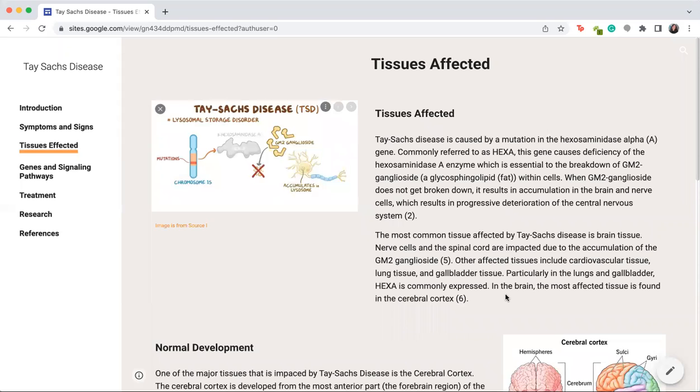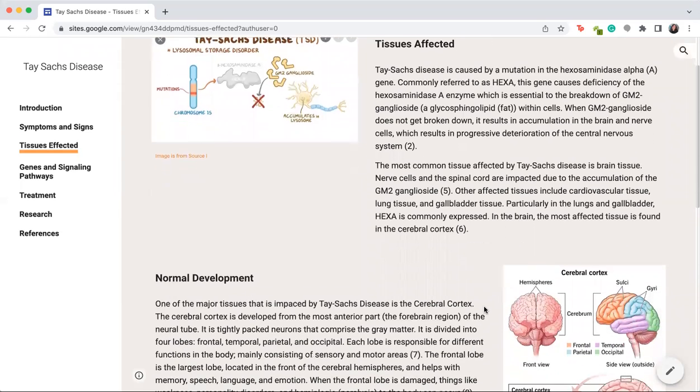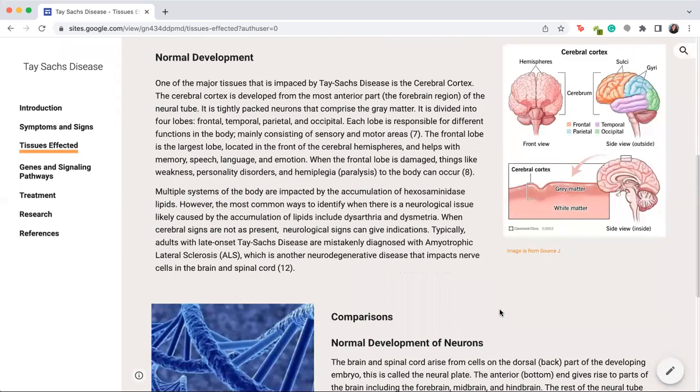Talking about the tissues affected, again, HEXA can't break down the gangliosides, which are the lipids, and it results in accumulation, which makes the nerve cells deteriorate and become severely damaged so they can't work properly.